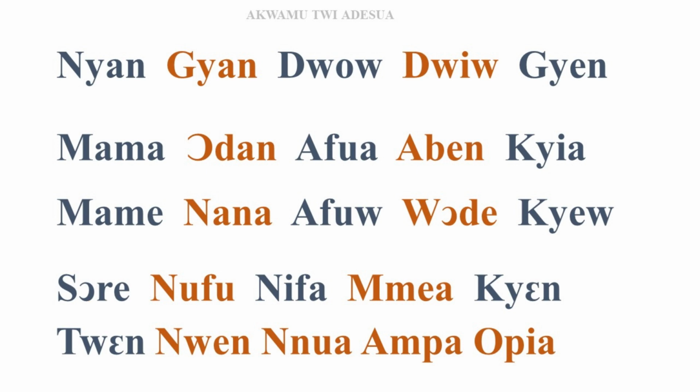Then plus U plus F plus U, which is NUFU, will give us Nufu. Then we have the NIFA, which is E and then F plus A. And also it will give us Nifa.